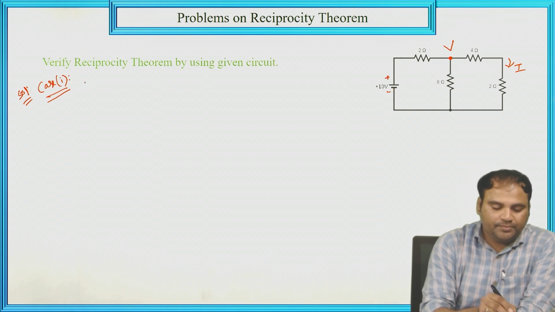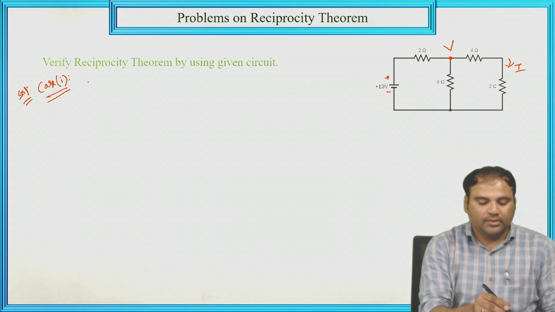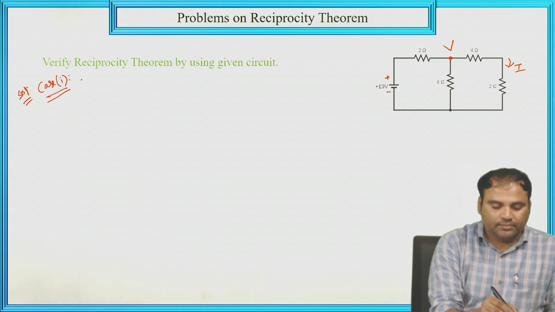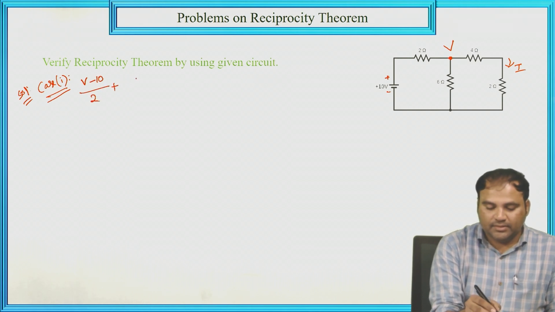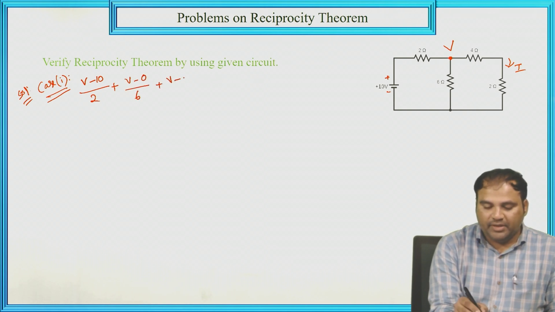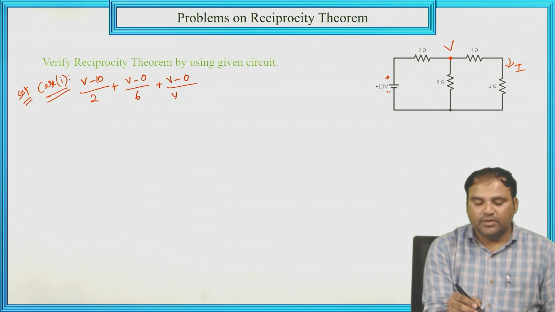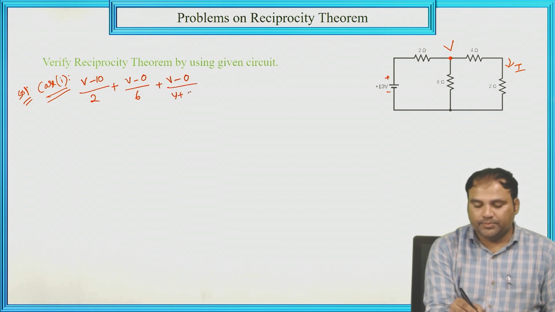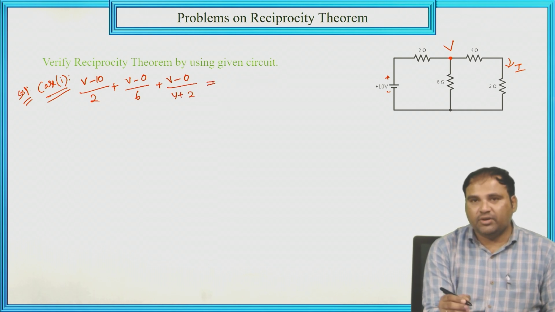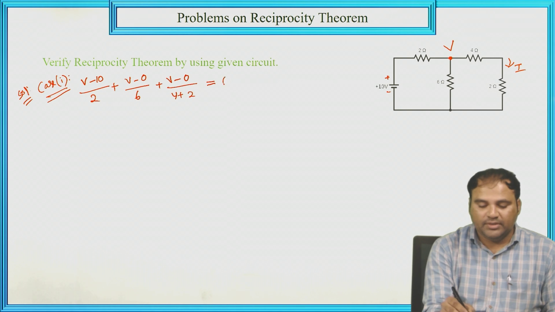So here (V minus 10) divided by 2, plus (V minus 0) divided by 6, plus (V minus 0) divided by (4 plus 2), since 4 and 2 are in series. There is no current source, so this should be equal to 0.